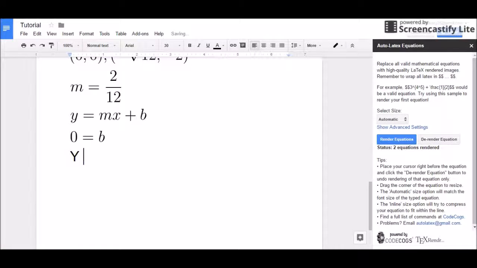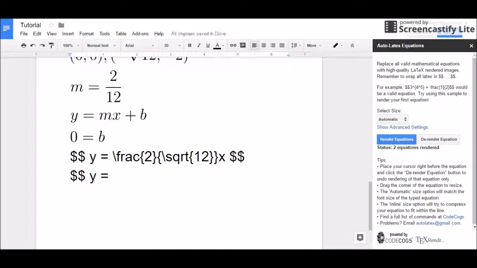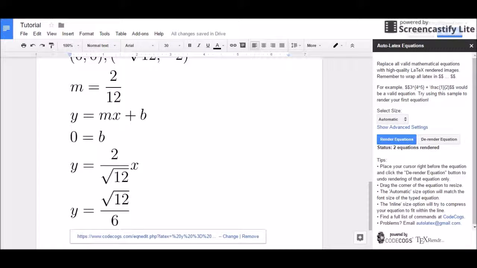My mistake. Okay, and for those who want this rationalized, it is square root of 12 over 6 times x.